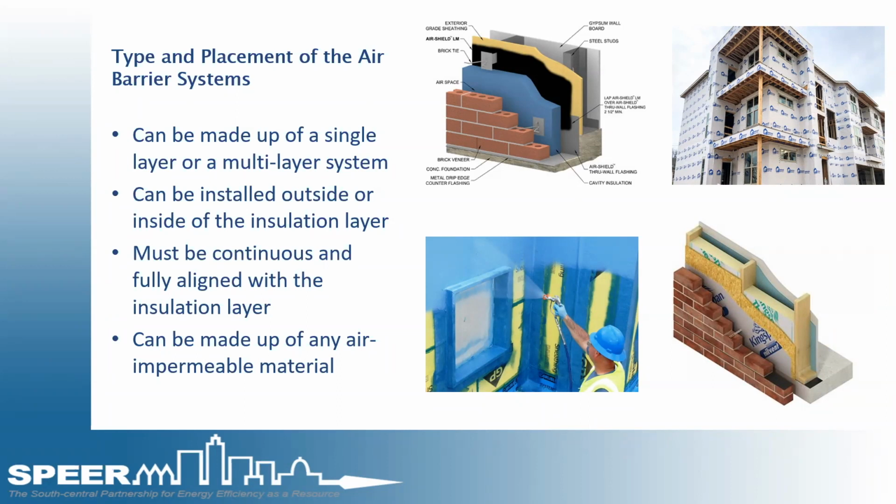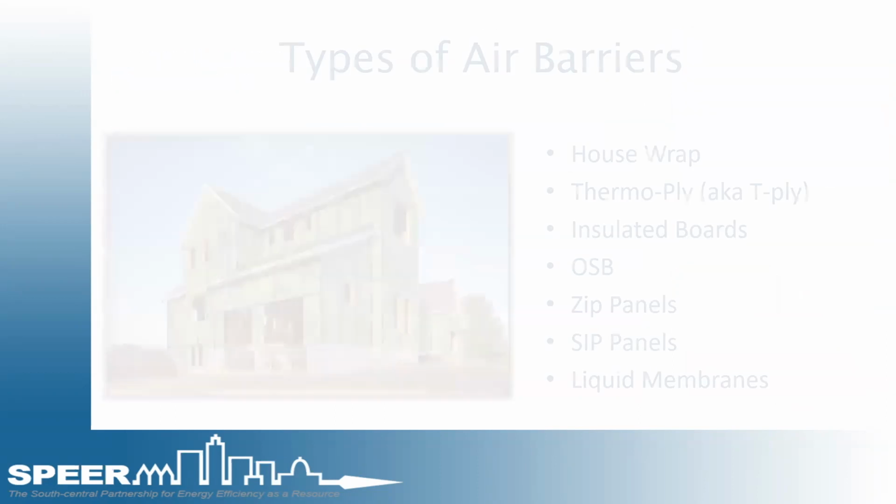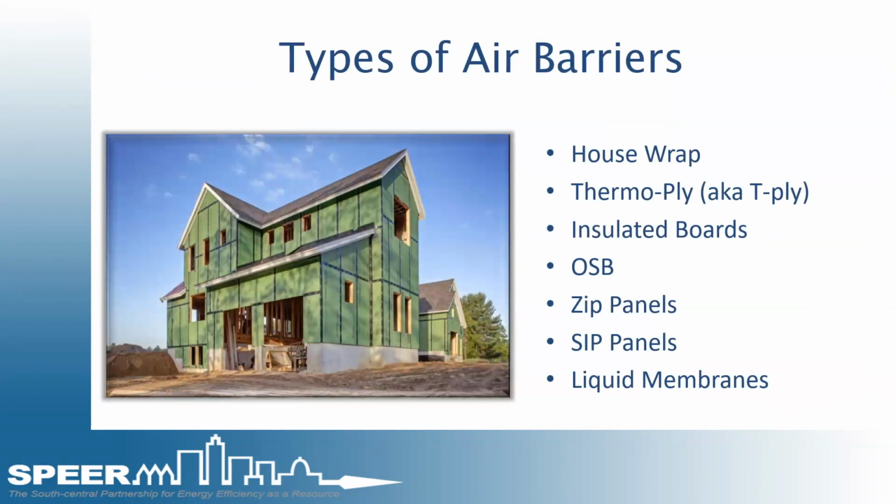And on the lower right, you kind of see a simplistic version of that in a home. Just behind the brick, you've got a house wrap over OSB on the cavities that are insulated. It looks like 2x6 framing on that part of it. So there's different ways of doing it, identifying it, breaking down the layers, and finding out which one is the air barrier and what makes up all that is very important when the inspector's on site.